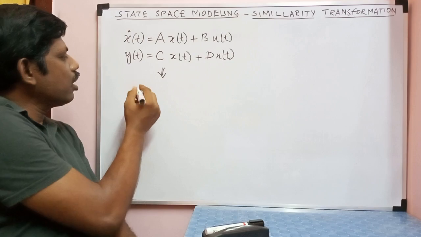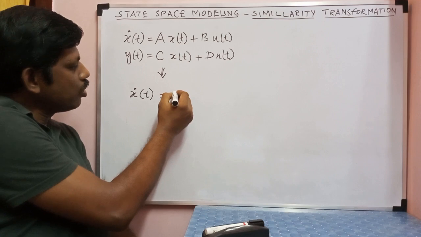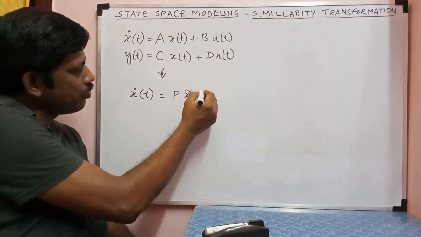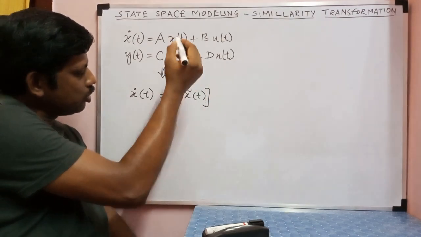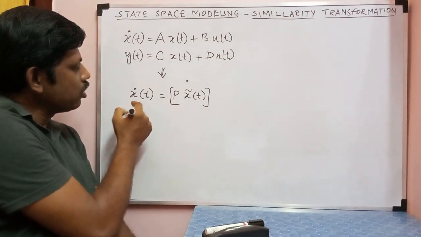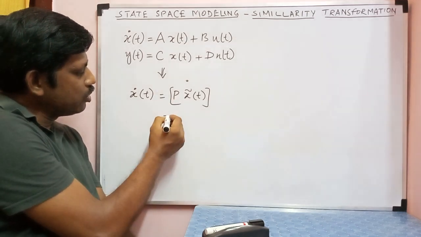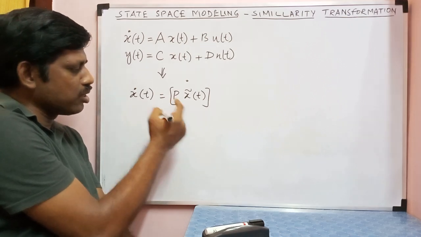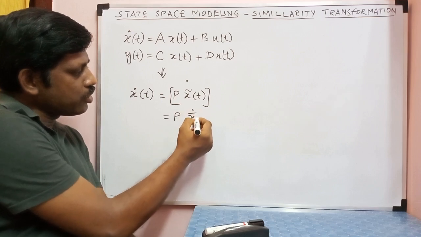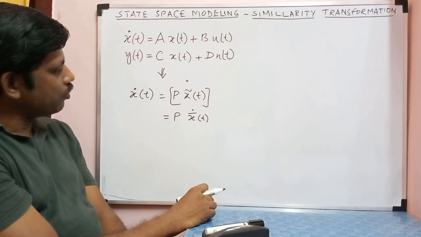See, x dot of t is now P x bar of t, the whole dot. That is differentiation of this entire thing, because x of t is nothing but P into x bar of t. Since P is a constant matrix, I can take this outside and I can write it as P into x bar dot of t.